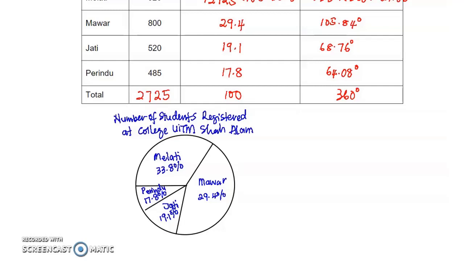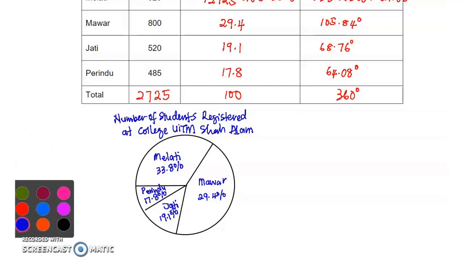Then you need to give a brief comment. As I said before, at least you compare the highest and lowest. So here, how can you give a brief comment? Normally the brief comment is 1 mark.